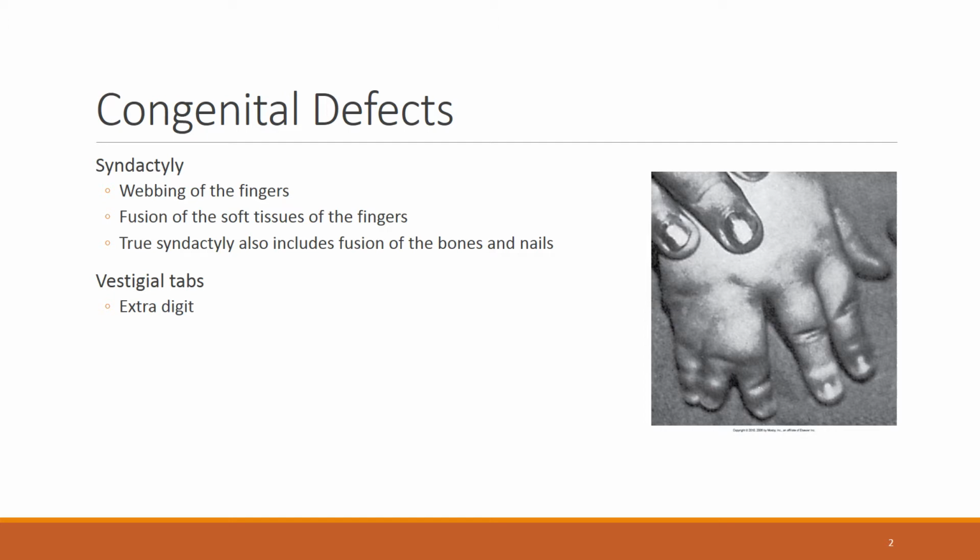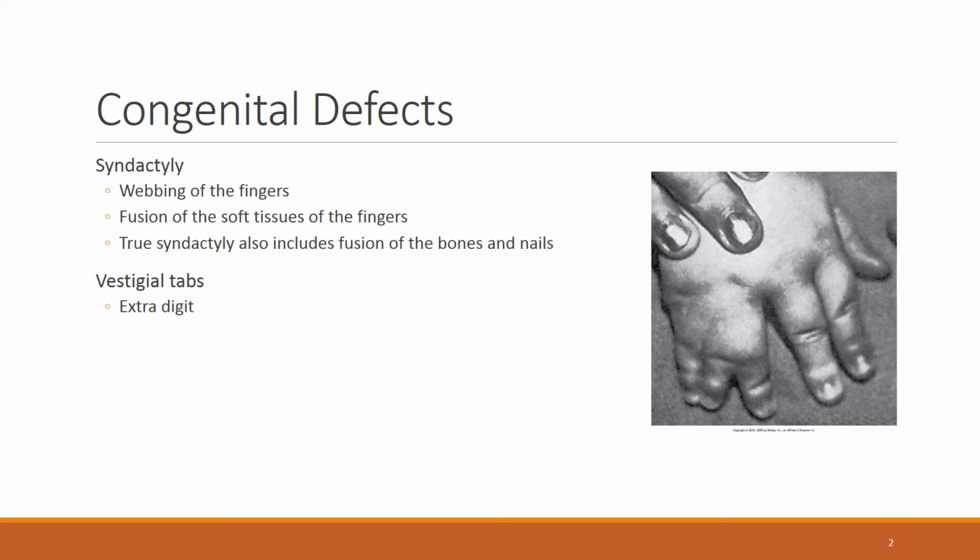True syndactyly is more difficult to treat because fusion of the bones and nails has occurred. But if it's so-called pseudo-syndactyly, or just webbing, it can be surgically treated, and the chances of recovery are very high.